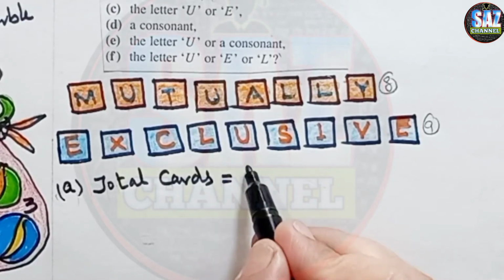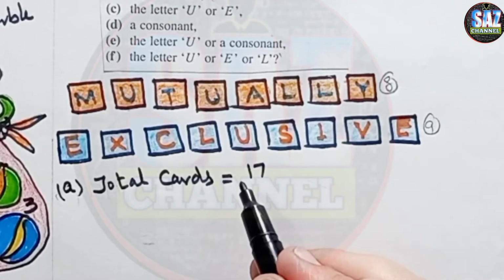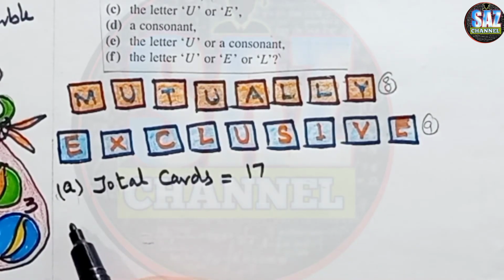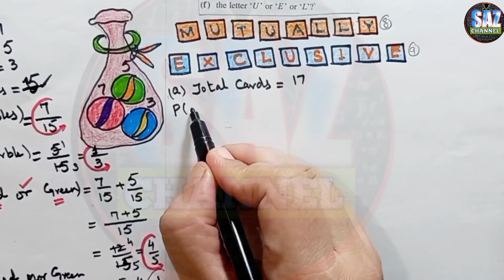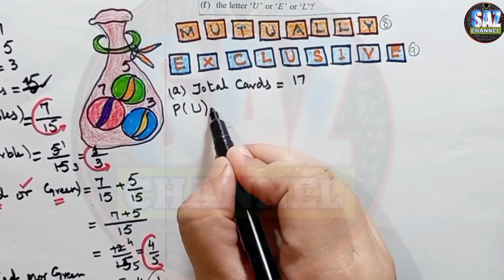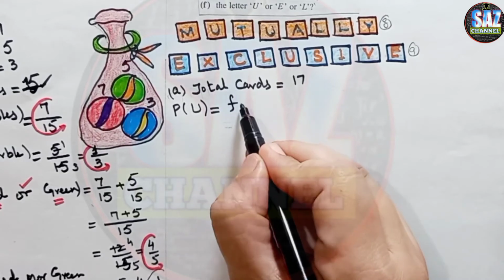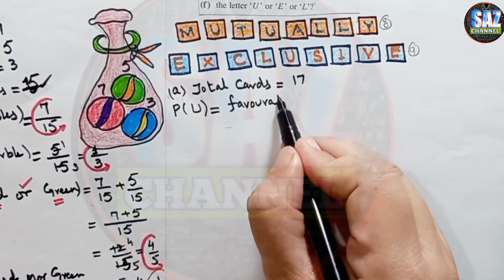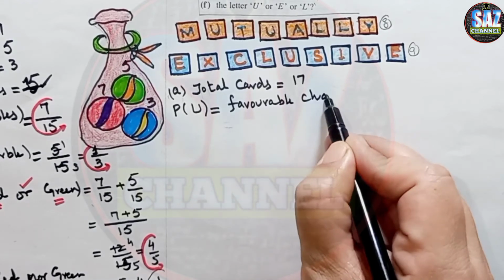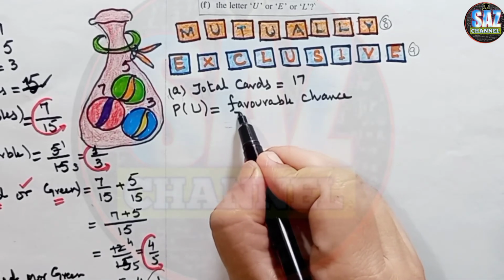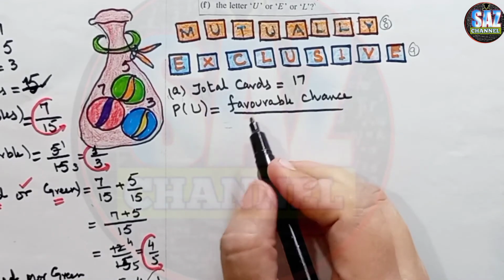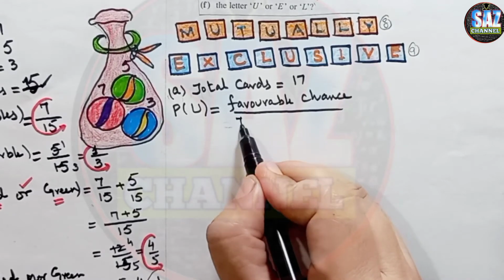Now we have to find the probability of picking up letter U, probability of U, favorable chances upon total chances. Students, always support your working with the formula so that the examiner can understand your message easily.